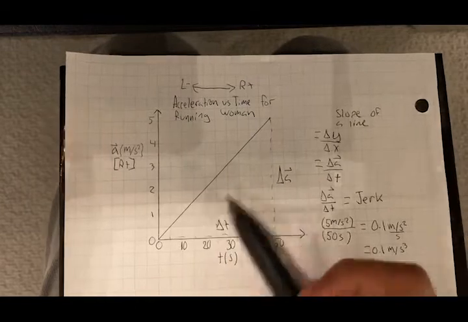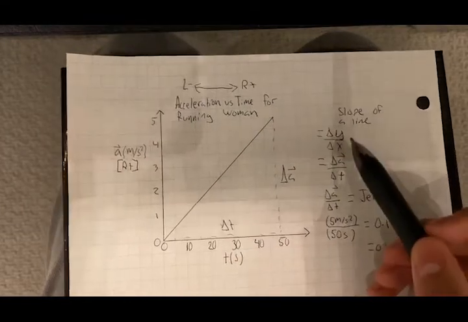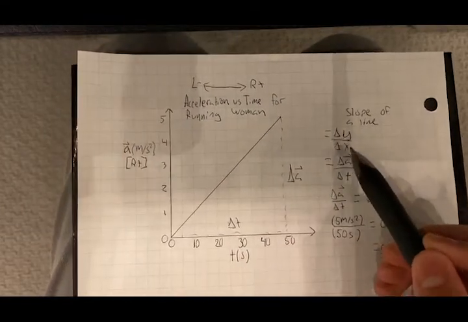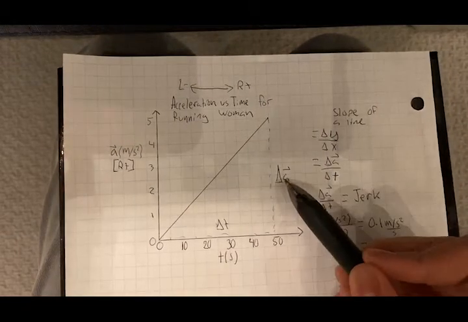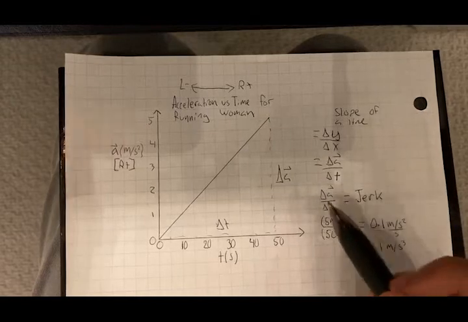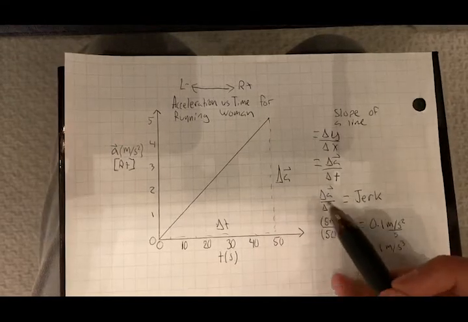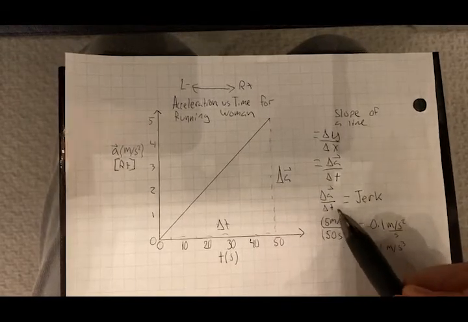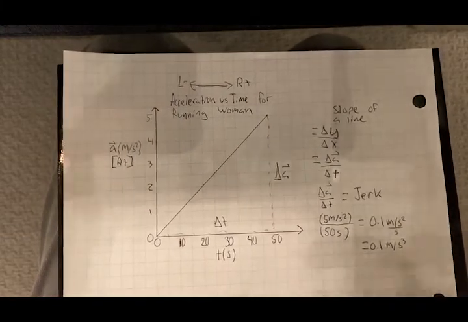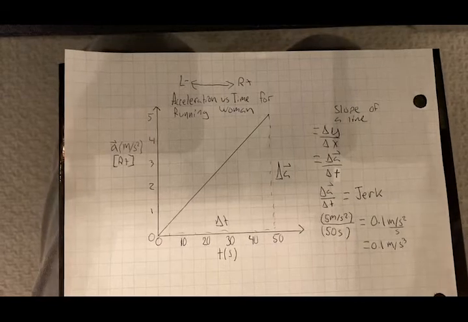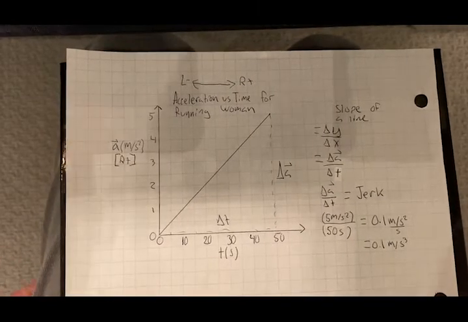Alright, so now let's find the slope of this line. We take the equation for slope, which is delta y over delta x, sub in delta a over delta t, because delta a is y, delta t is x, and then we find out what that is. So delta a over delta t is equal to jerk, and that's where jerk comes from. Jerk is the change in acceleration over time.